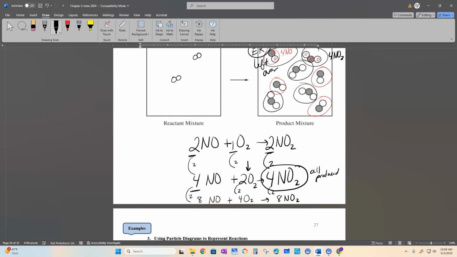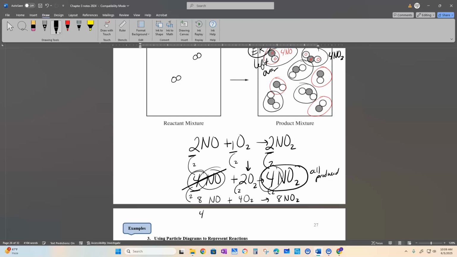But then how much NO did I have to have 4 left over? Because I have to produce the same amount of NO2 as NO remaining, and have 4 left over. So how many NOs did I have in this reaction? Well, I must have had 8, because right here 4 of them got used, and that means I had 4 left over in my picture.